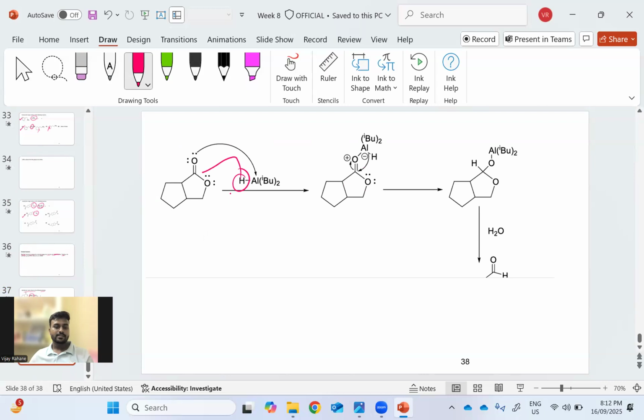So this hydride attacks at this position. Once this hydride attacks at this position, it forms an Al complex with the Al, and then upon hydrolysis or upon workup, this complex breaks to the corresponding alcohol. Sorry, it will go here, and this bond will open.